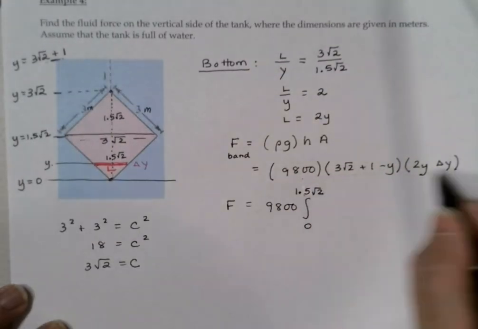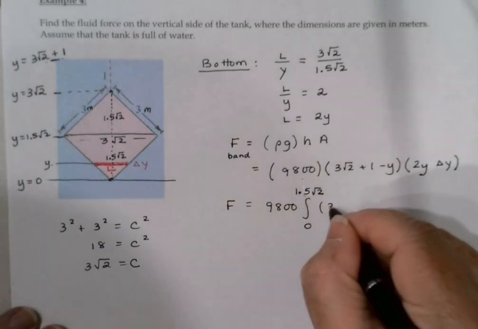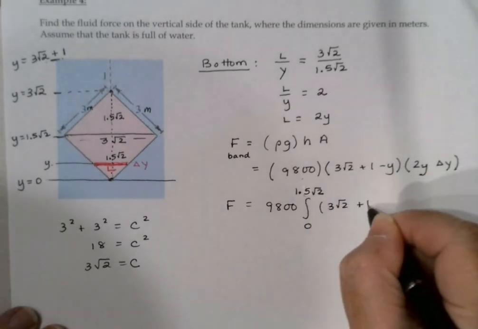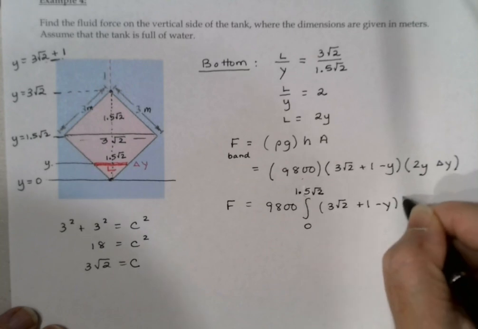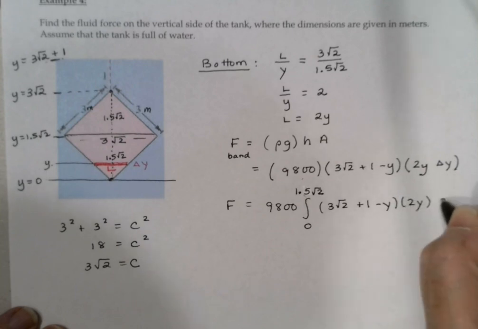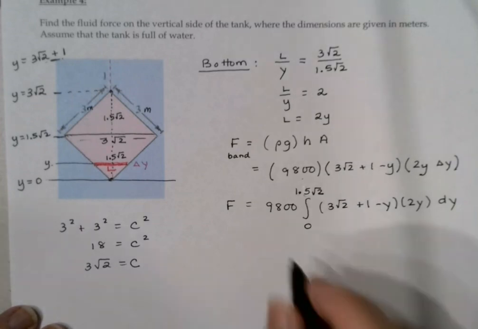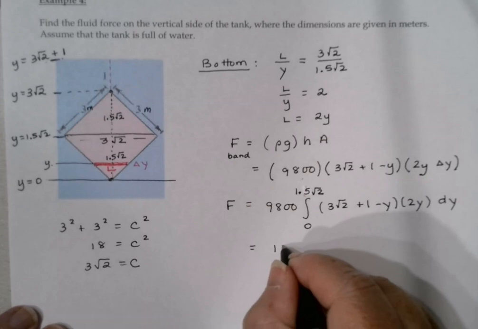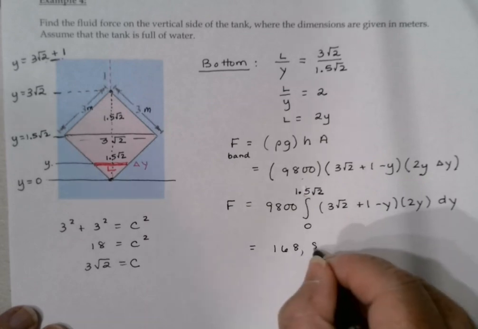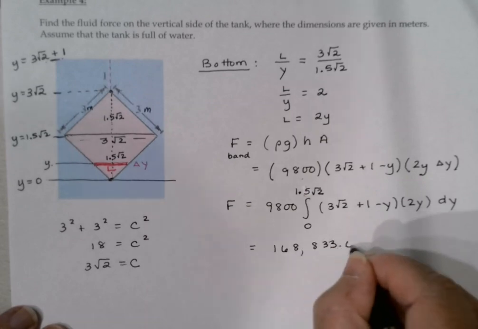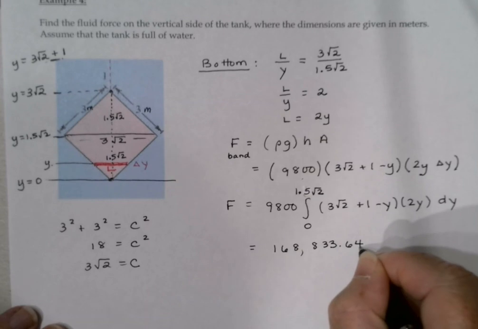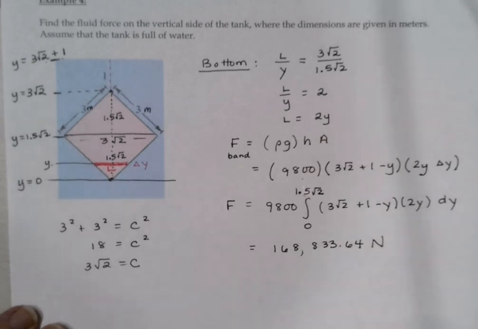We would have 3 square root 2 plus 1 minus y times 2y dy. Looks kind of ugly, but if you throw it all in the calculator, it comes out to 168,833.64, and we're in international units, so that would be in newtons.